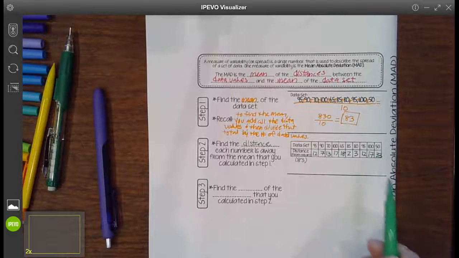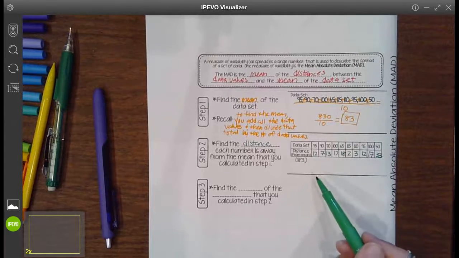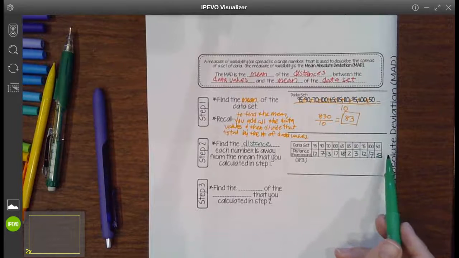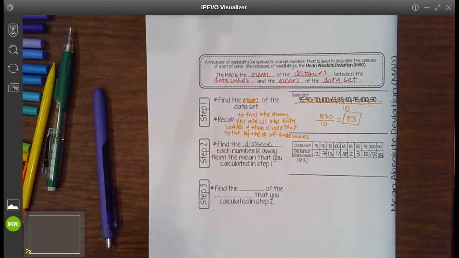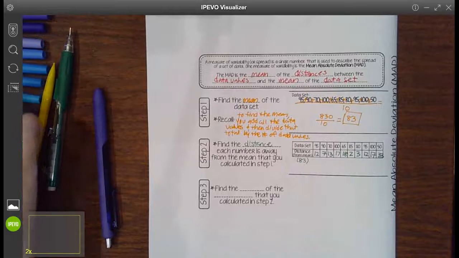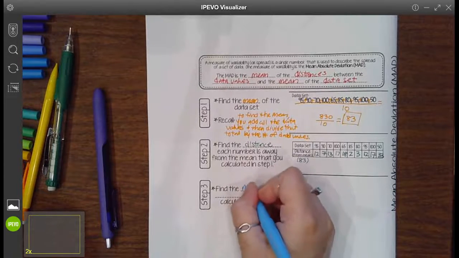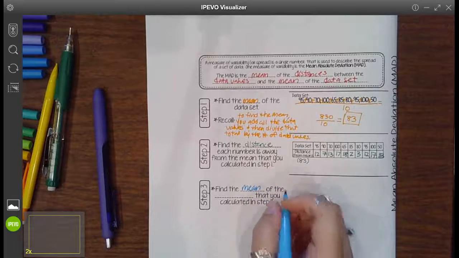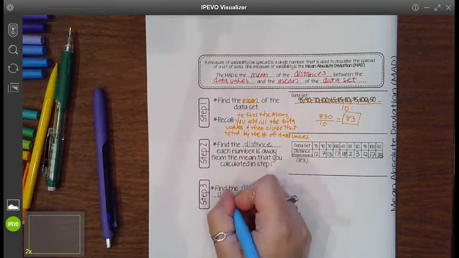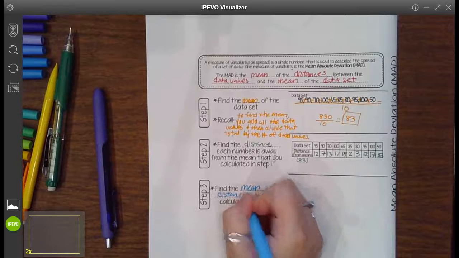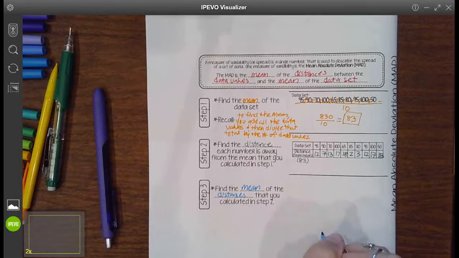Okay, so we found the mean, and then we found the distance that each individual value in the data set was from the mean. What we do with that information is we find the mean of all the distances that you calculated in step 2.